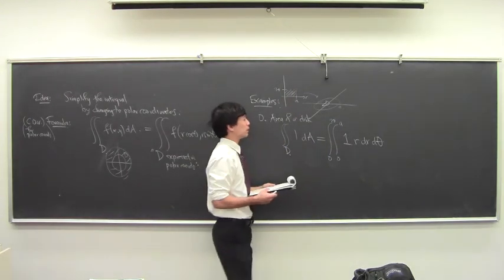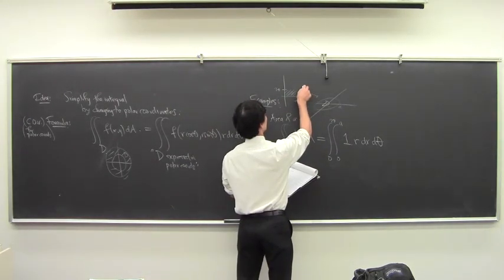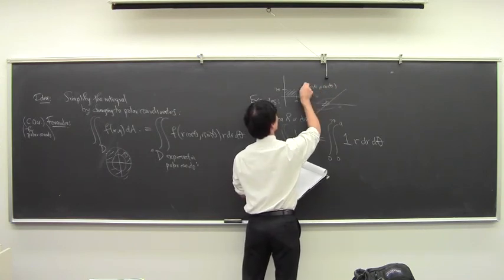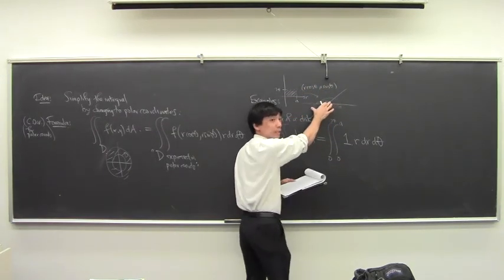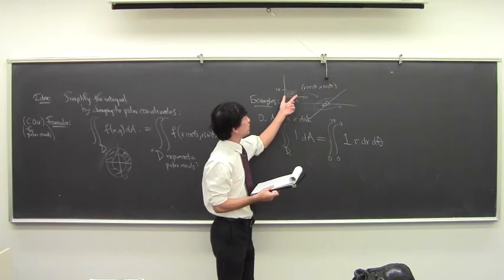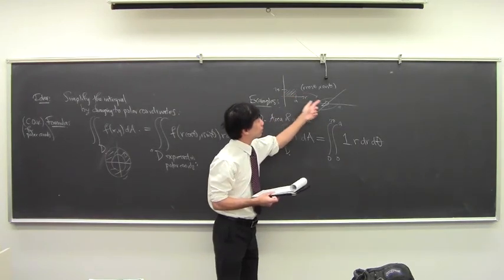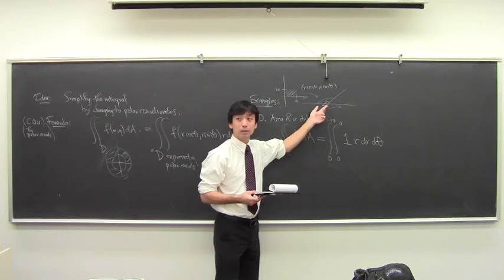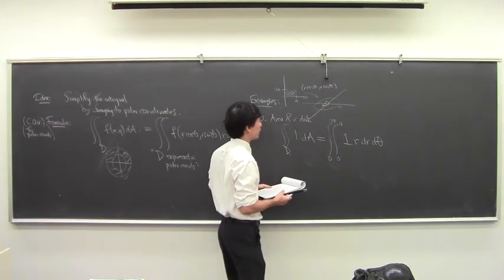Right? If we took this thing and mapped it through r cosine theta, r sine theta, then this thing would turn into that thing. You guys see that? These guys here, we mapped it through, right? And then it would turn into this thing.